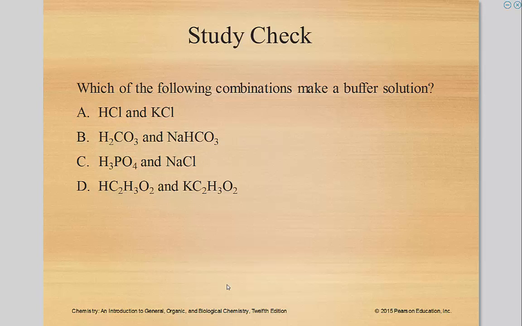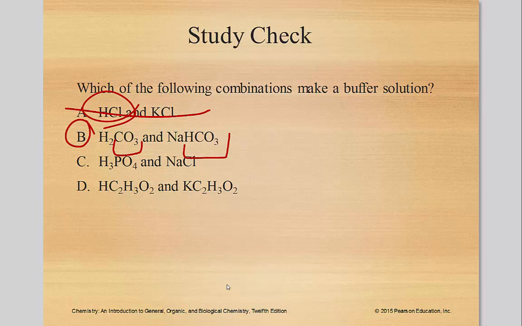So we can actually determine which of these are buffer solutions and which are not. For instance, HCl, that's a strong acid, that's not a weak acid, so that would not count. H2CO3 and HCO3-, that would work. You have to make sure that these parts match up, and it's only giving up one hydrogen at a time.